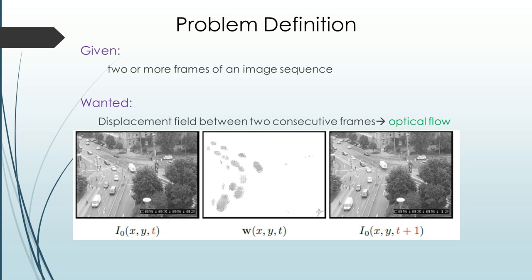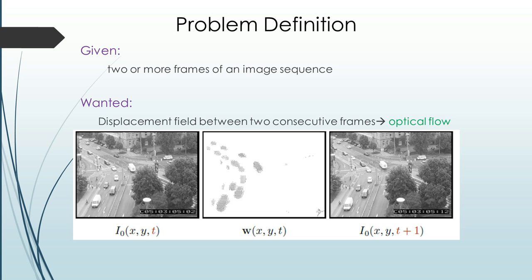So for example, the problem definition of how we can find a particular motion is that we have two or more frames. Let's say we're recording a video at different frames per second, and we have the images for these two particular frames. We want to calculate the displacement field between two consecutive frames.